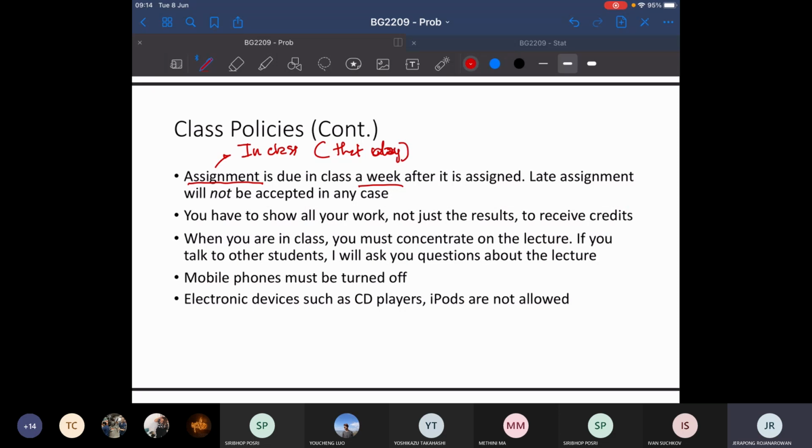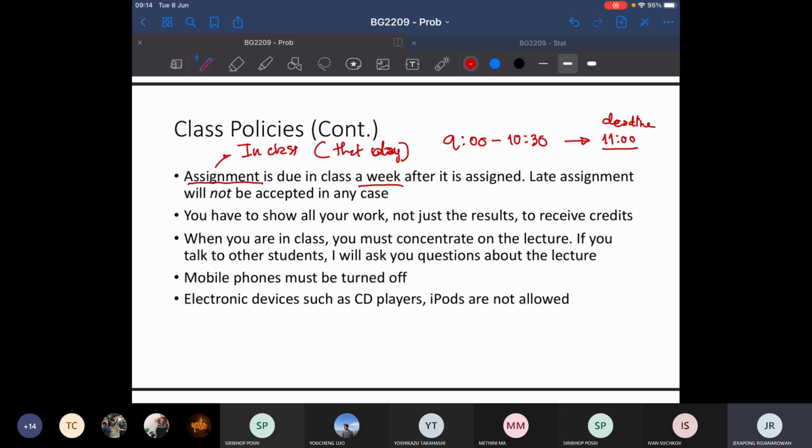Within the day, let's say our class starts from 9 to 10:30. I'm going to have it submitted by 11 as the deadline.